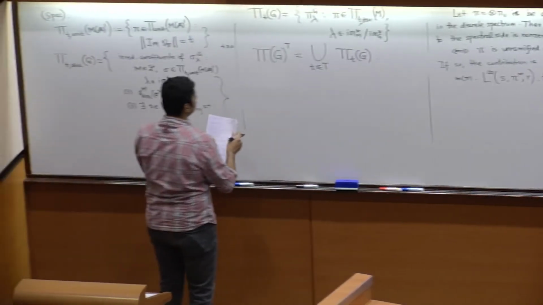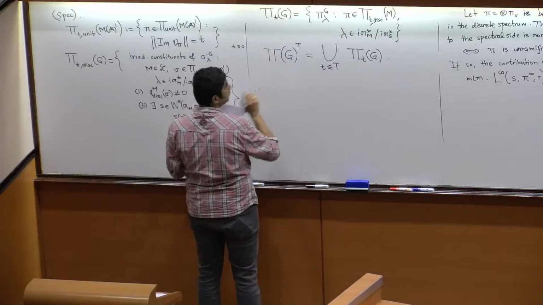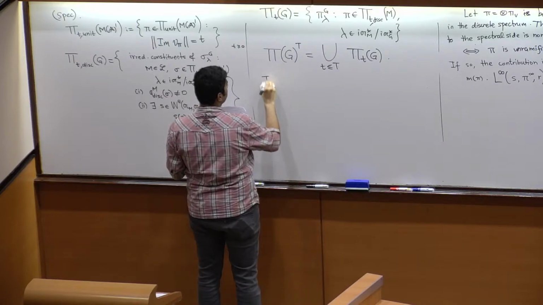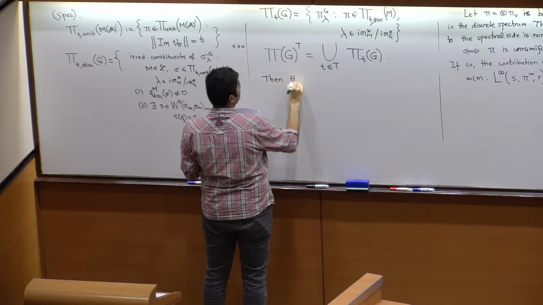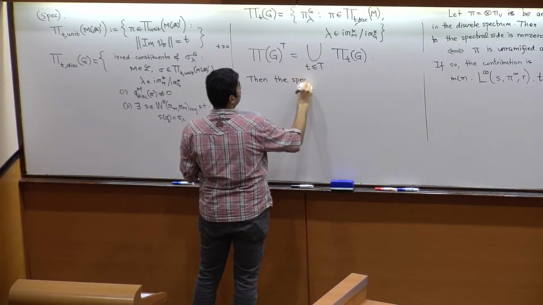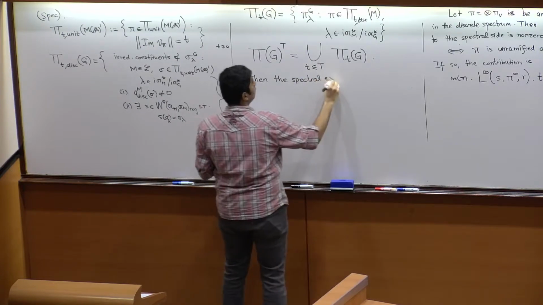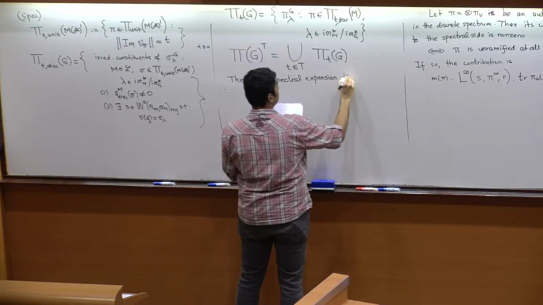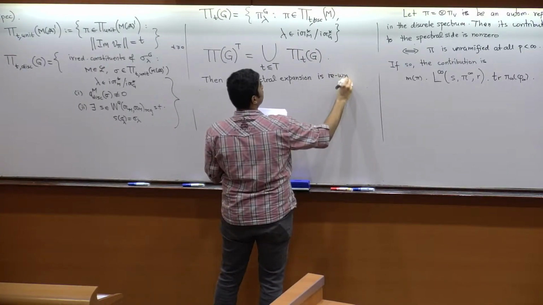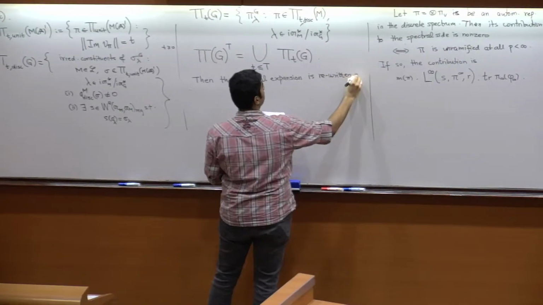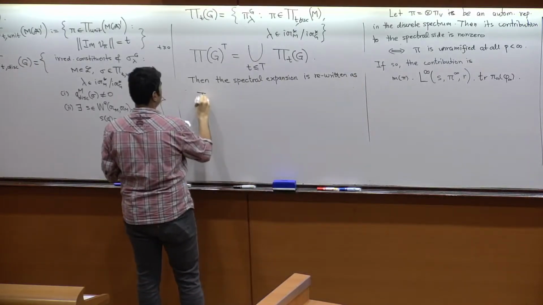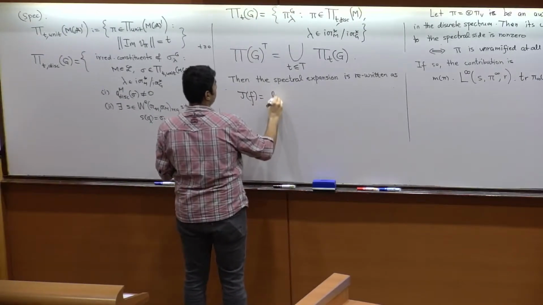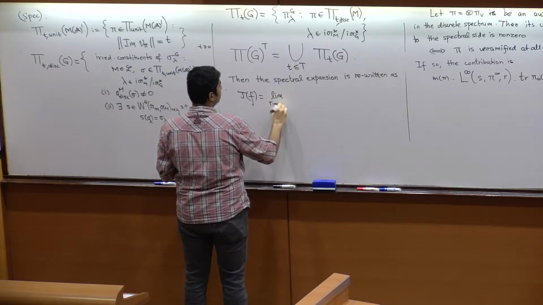So if this happens, then the spectral expansion, you can write this as the following. It's a limit as t goes to infinity.